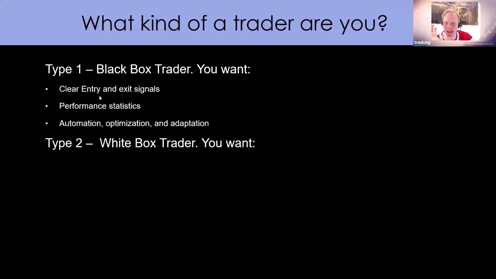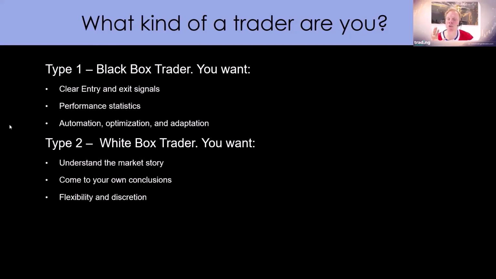Type 2 is, hey, are you a white box trader? What is this? Well, a white box trader is someone who really wants to understand what's going on in the market. I'm curious what you guys in the room are, but maybe we can have a survey next time. What is the current story of the market? Where are key levels? What is the trend? Where is the volume?